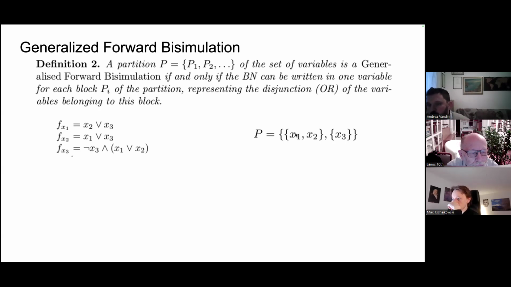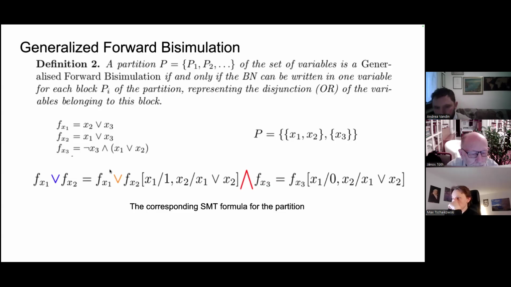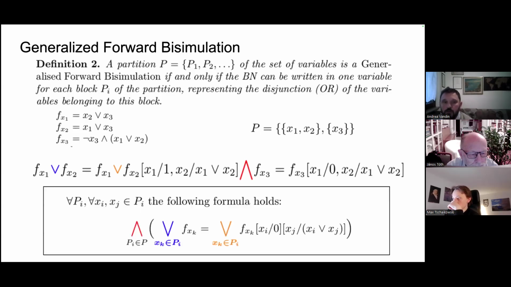We have a partition where we say x1 and x2 are lumped together, x3 stays on its own. We preserve x3. We build a SAT formula for this, where we compare the OR of the variables in each block with the combination of the two functions, replacing variables with 0 and doing the OR. So we do this for every block. Given a partition, we build a SAT formula.